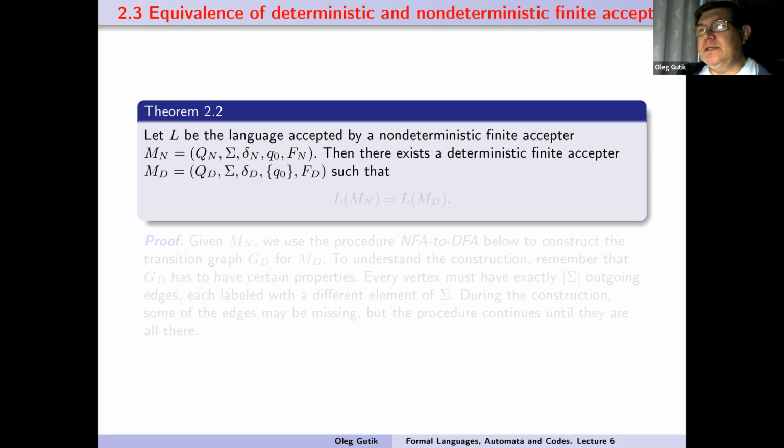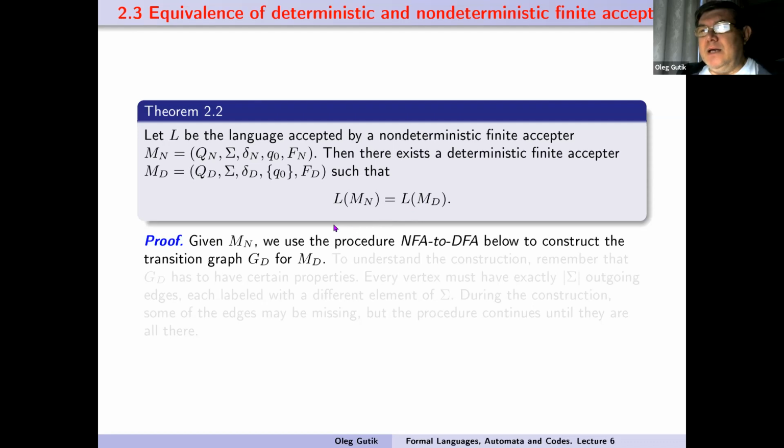Then there exists a deterministic finite acceptor Md, which consists of quintuple Qd, sigma, delta d, Q0, Fd, so that the language accepted by the non-deterministic finite acceptor Mn coincides with the language which is accepted by the deterministic finite acceptor Md. So we start the proof of this theorem.